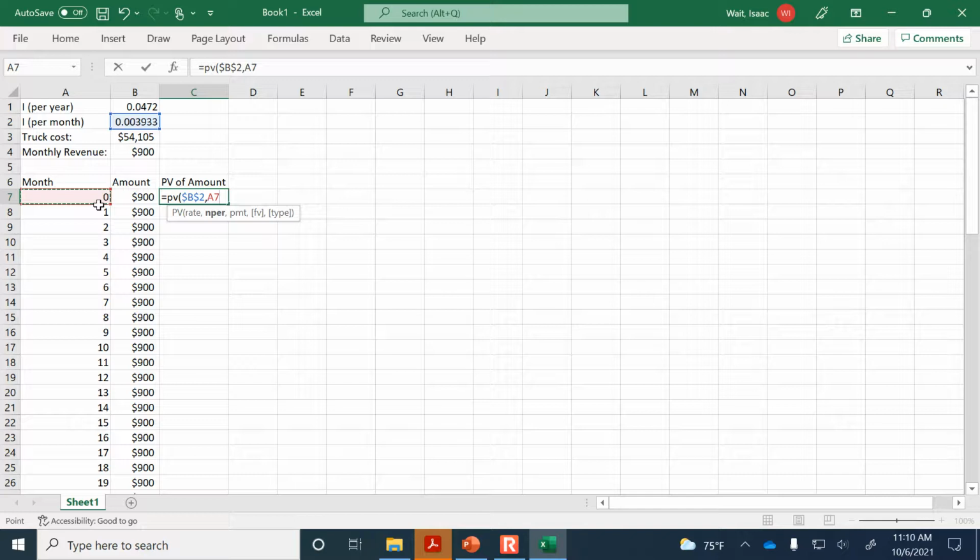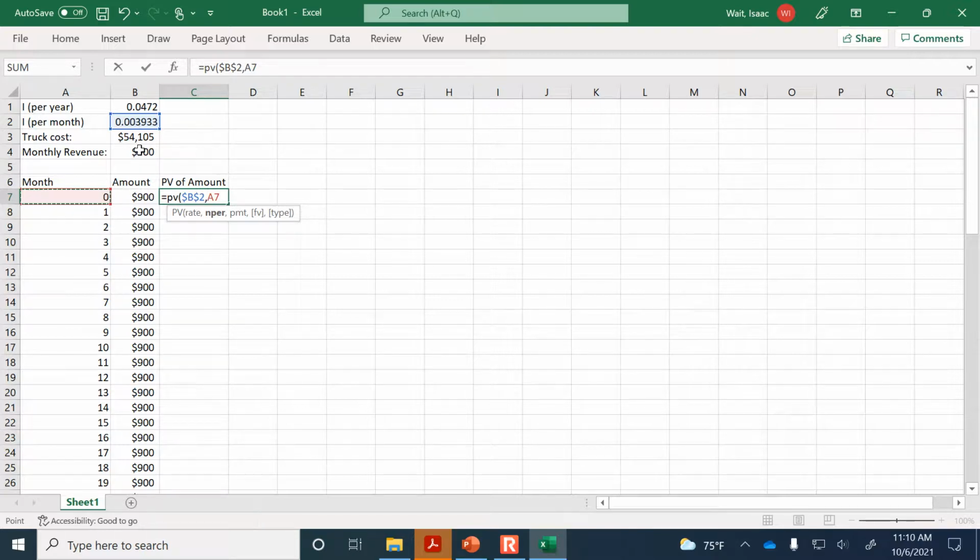So we want to find out what's the present value of all these future revenues. Because if the present value of the future revenues is more than the purchase cost, then the purchase is justified. If the value of all that money in the future, when discounted today, is more valuable than how much you spend for the truck, then that assures you that it will be profitable.